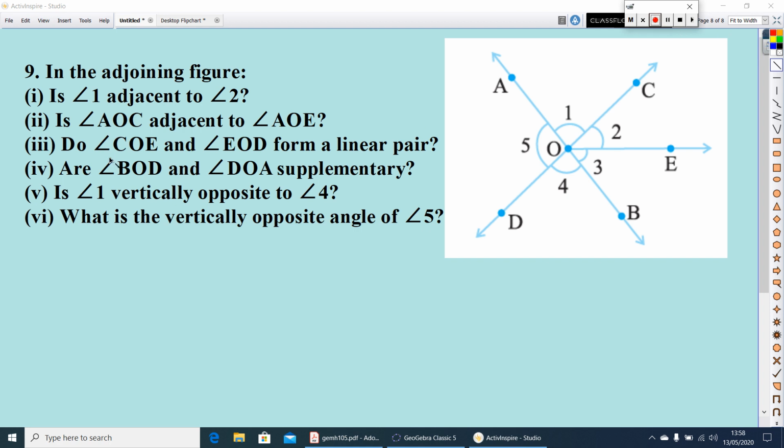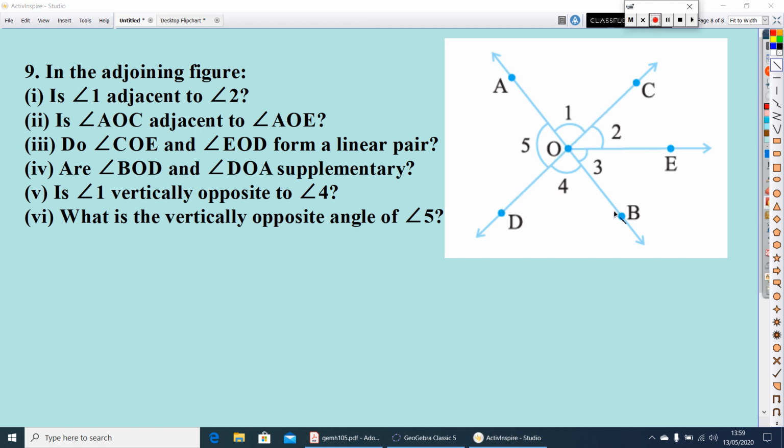Next question: do angle COE and angle EOD form a linear pair? That means if the non-common arms are opposite rays, you can say it is a linear pair. Here OD and OC are non-common arms and become opposite rays, so you can say it is a linear pair.